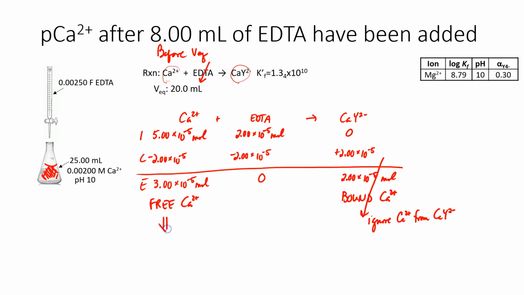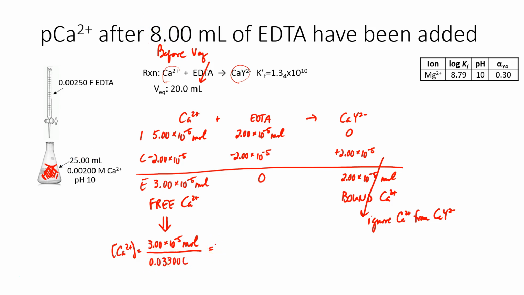So then to get the calcium ion concentration, it's just these excess moles divided by the total volume. Well, you started off with 25, you added 8, I think that's 33.